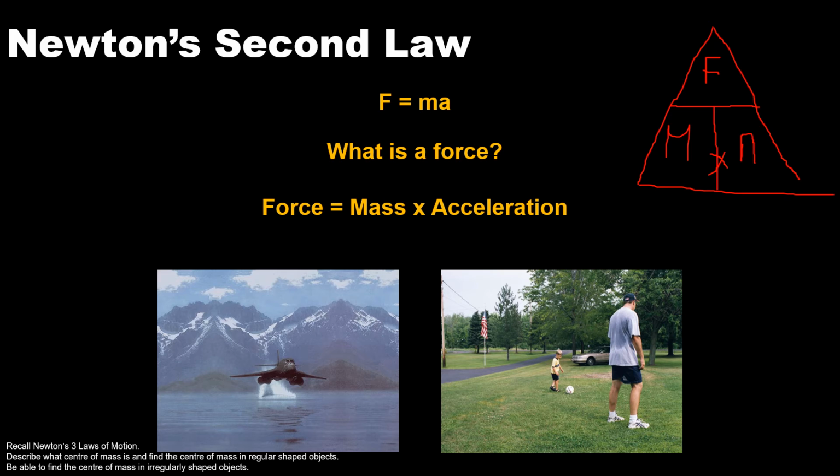So to find out acceleration, you would do force divided by mass. To find out mass, you would do force divided by acceleration. And to find out force, you do mass times acceleration. So that is the original formula, but that is how you would rearrange that.